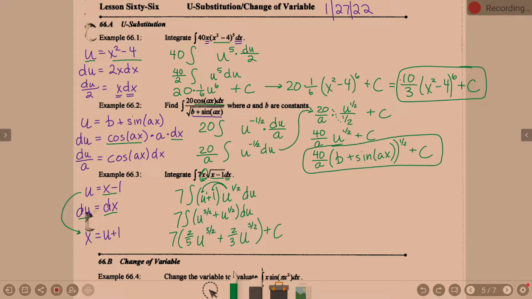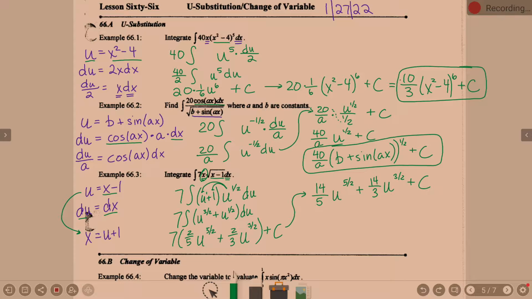Don't forget to substitute what u is. And then I have in my answer key this distributed. So I distributed the 7 in and said 14/5 u to the 5/2 plus 14/3 u to the 3/2 plus c.